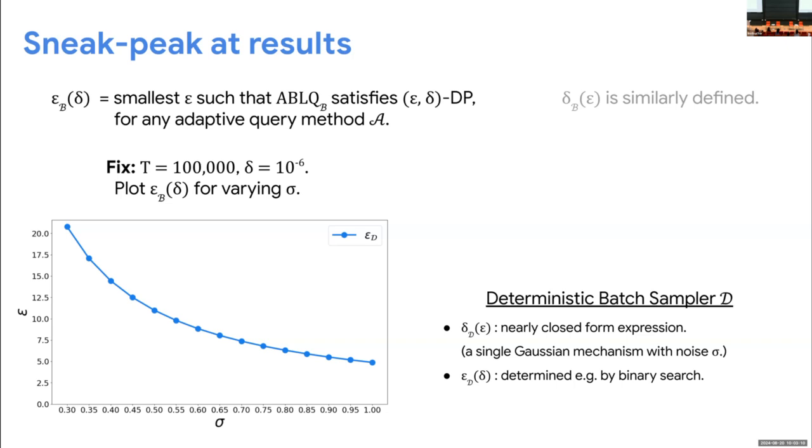I don't mention the number of examples and batch size because that's not relevant for the calculation, since I'm looking at one epoch. The deterministic batch sampler is equivalent to a single Gaussian mechanism, which is very well understood, with a nearly closed form expression. So you can plot this.